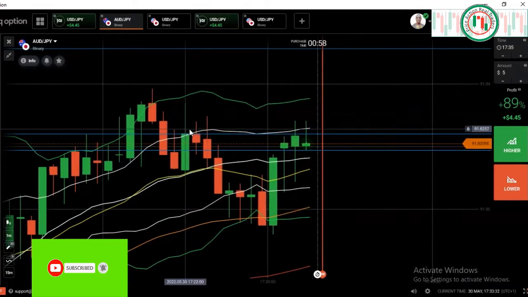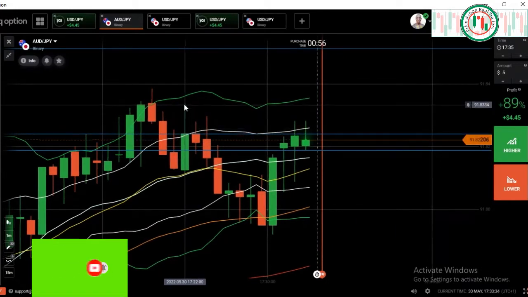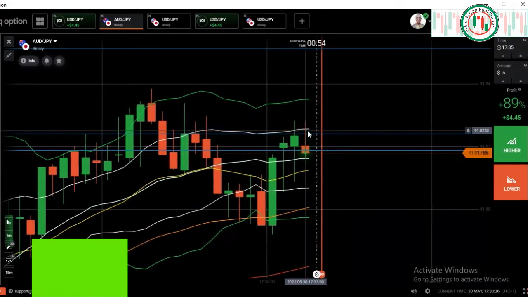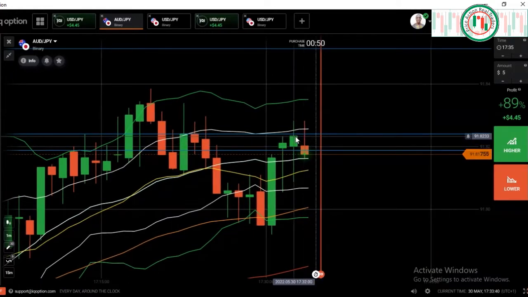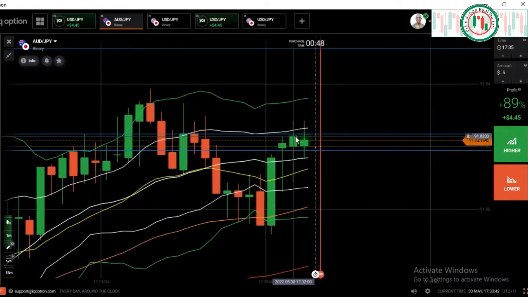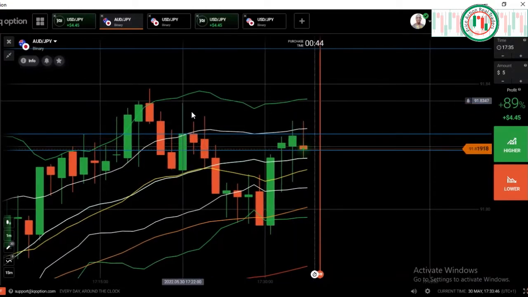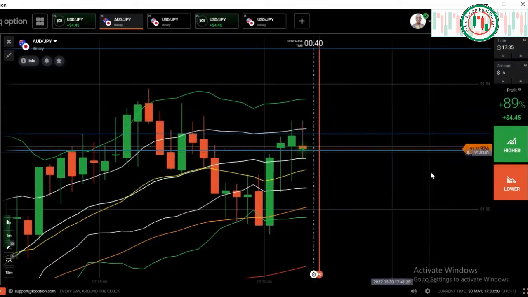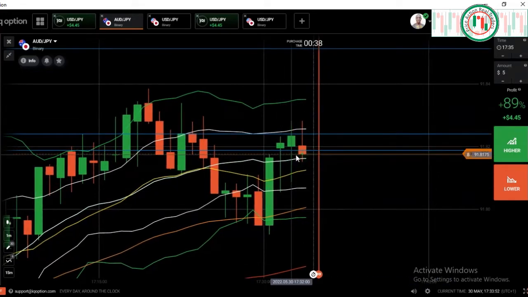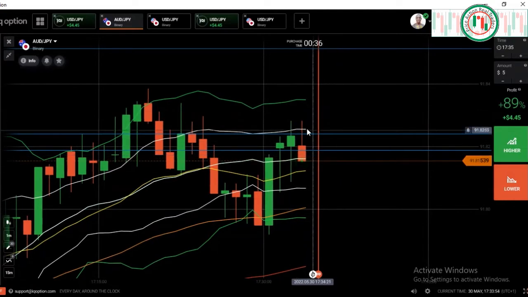Here is another zone. Yes, here is another zone, but to get down. So maybe after this candle, is another opportunity here. Yes, after this candle, what you see market is reversing.